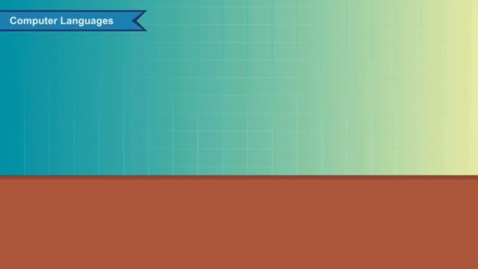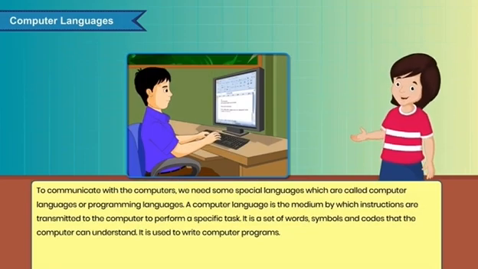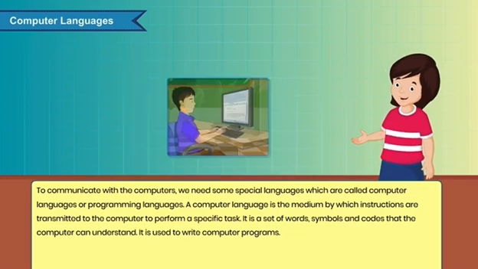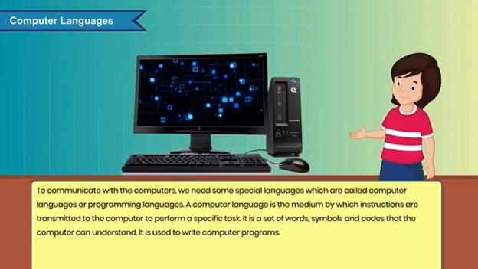Computer languages. To communicate with the computers, we need special languages which are called computer languages or programming languages. A computer language is the medium by which instructions are transmitted to the computer to perform a specific task.